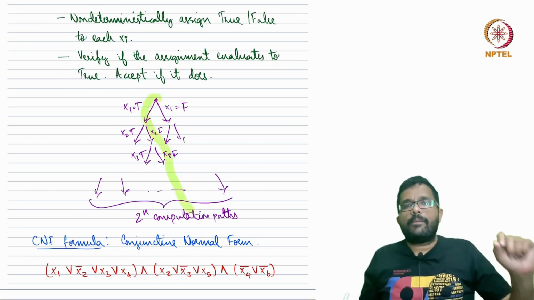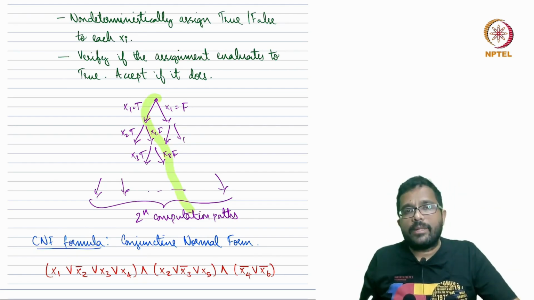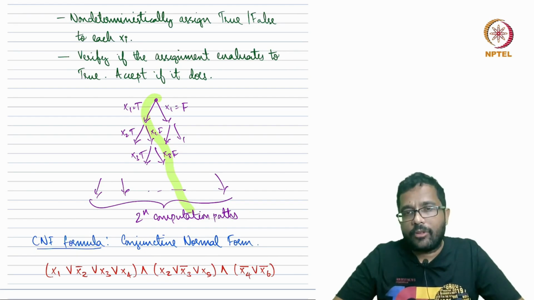Now each computation path corresponds to a certain assignment. Now we just have to verify that assignment: does it satisfy the formula or not?